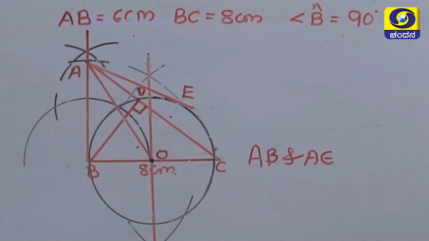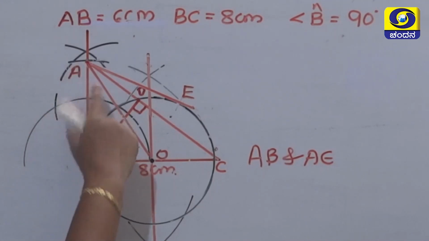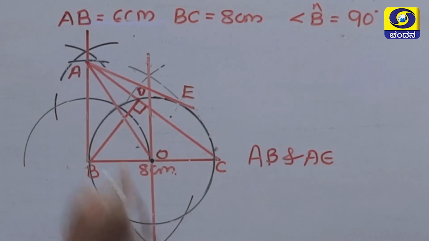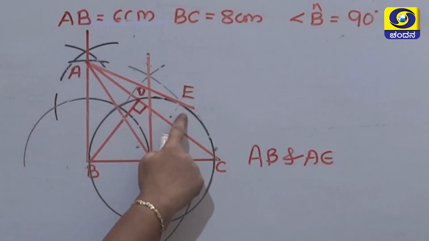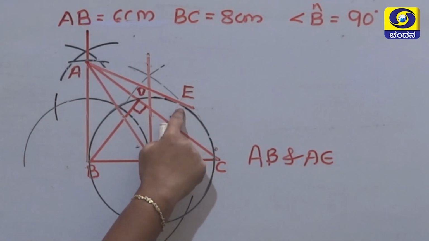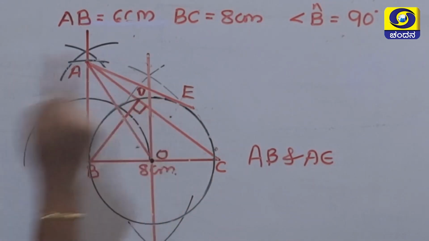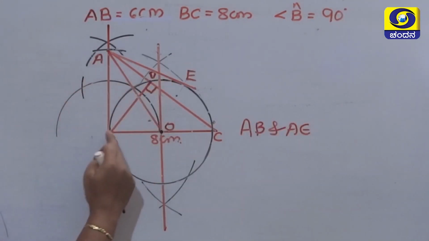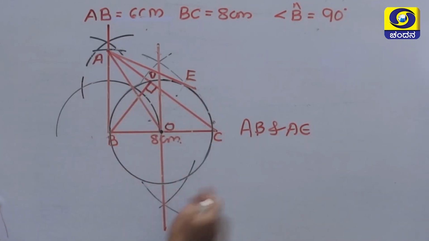This is the shortcut method. You just measure the distance between AB, taking the distance AB with the help of compass, make an arc on the circle and join the point A to that arc on the circle. In this way you will get one more tangent. This is easiest way. Here we have drawn two tangents to the circle passing through a right angle triangle.